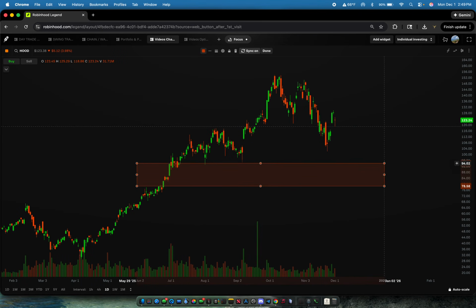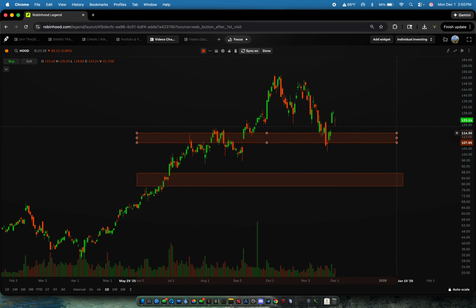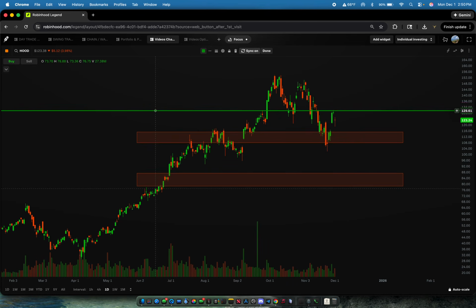A zone will be something like this, because a zone is more successful than a price level like this, for example.